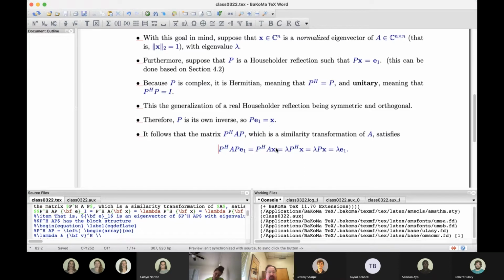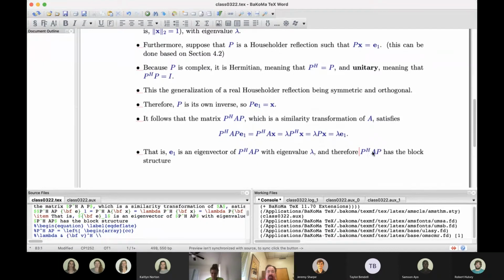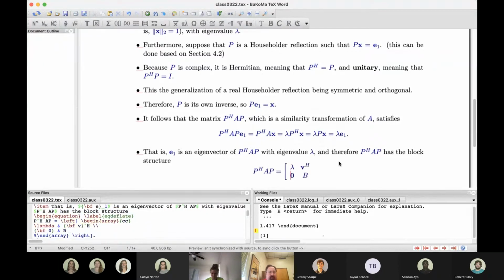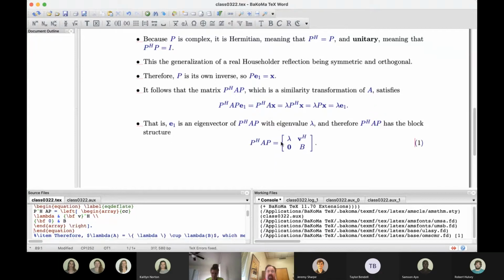What's more important is that I have an idea of what this matrix looks like based on its first column. Its first column is just lambda at the first entry, and then all zeros below, and then I have other stuff over here.